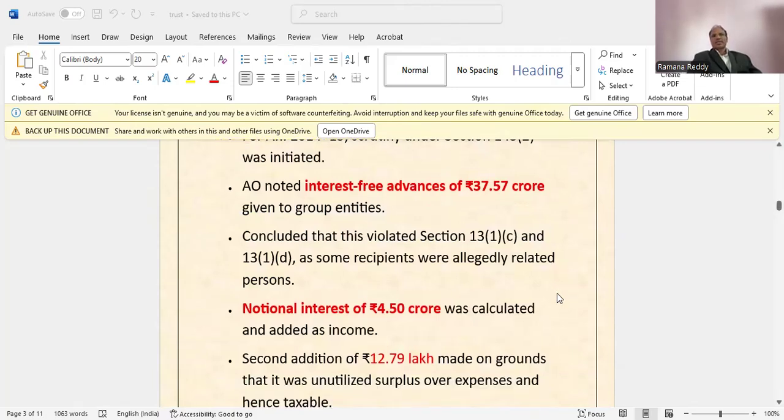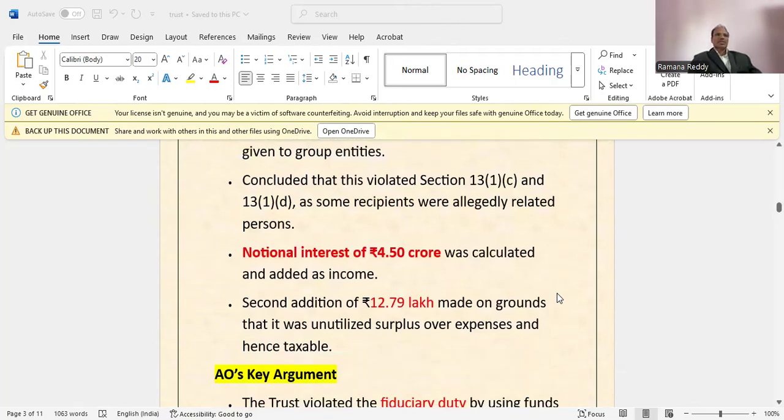Then notional interest of rupees 4.5 crore was calculated and added as income. A second addition of rupees 12.79 lakh was made on the grounds that it was unutilized surplus over expenses and hence taxable.